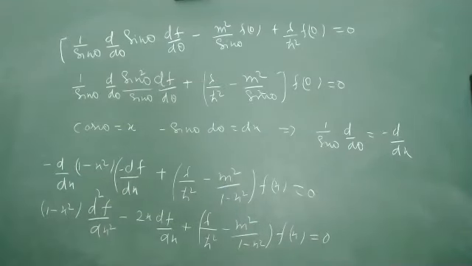Have you seen such a differential equation? Legendre polynomial. Very good. So this is what? Legendre polynomials. The solution of this differential equation will be a Legendre polynomial if there is some condition. So what is this condition?